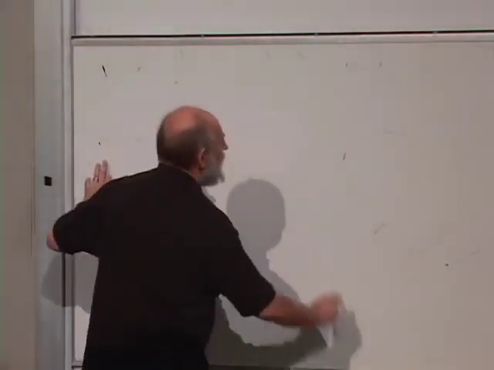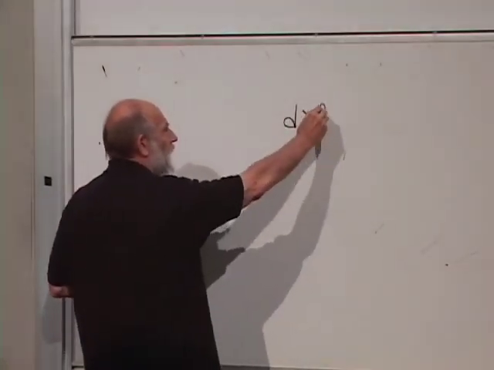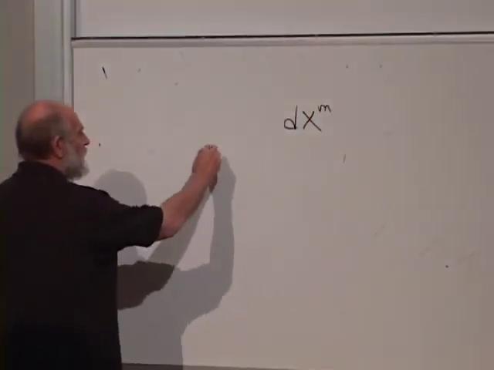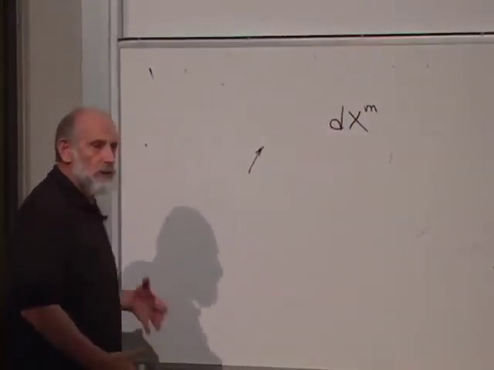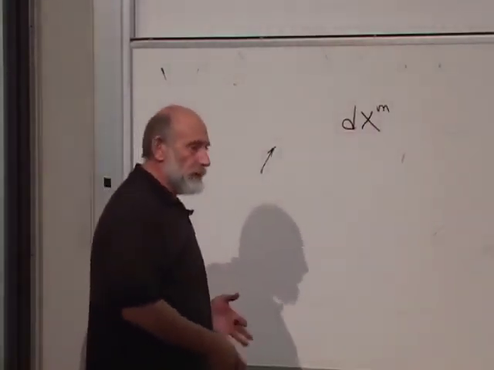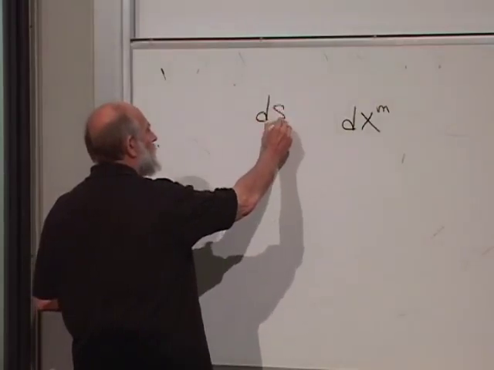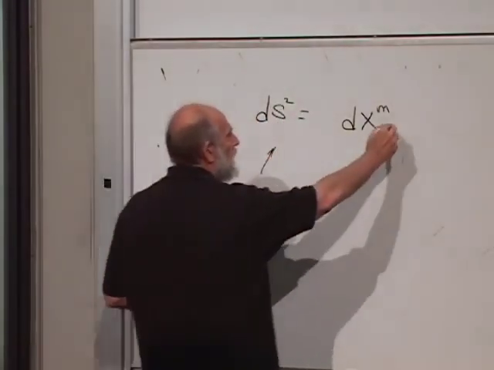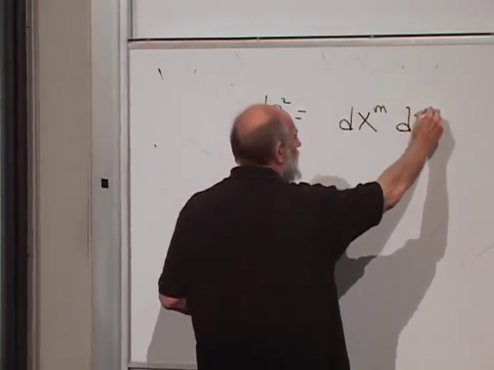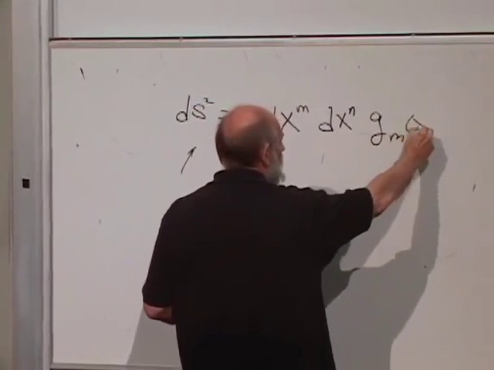So if I have a set of differentials, dx^m, that corresponds to two neighboring points, we can ask, what's the distance between them? The distance between them squared is called ds squared, and it's given by dx^m dx^n times the metric tensor g_mn of x.